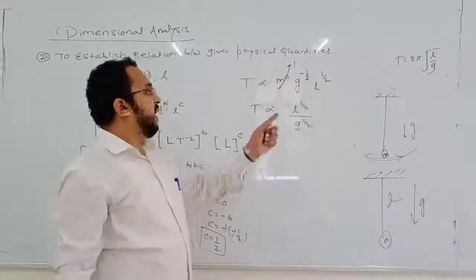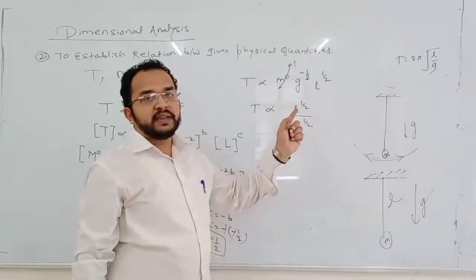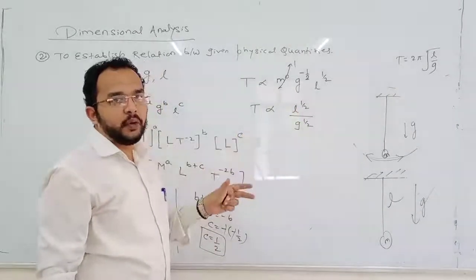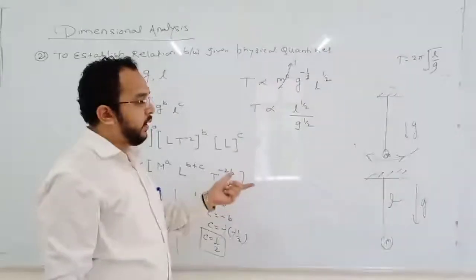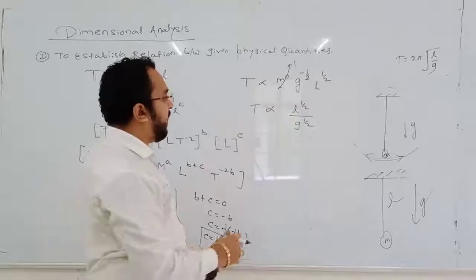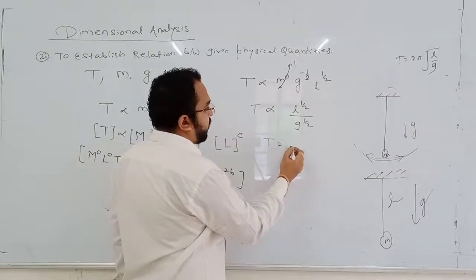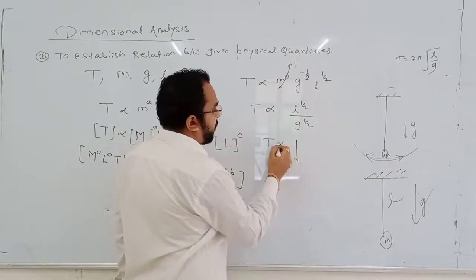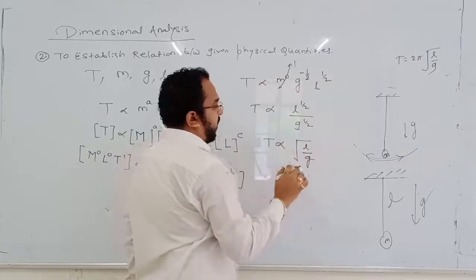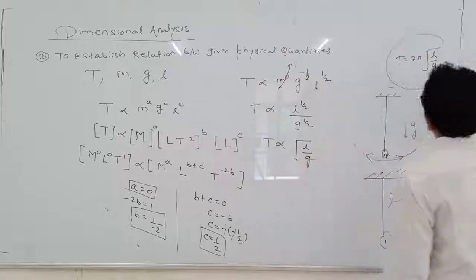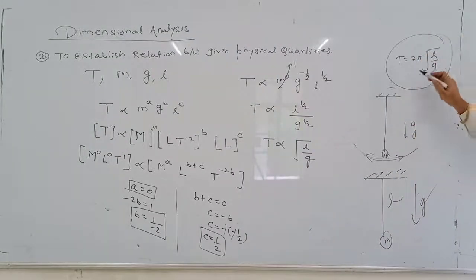Now see, when power is half, that means it is square root. Power जब आधा होता है, जिसका मतलब क्या है? वो square root, ठीक है ना? Square root of L and square root of G. So T is proportional to under root L by G. So see, as per the formula, we have established the relation between T and root L by G.